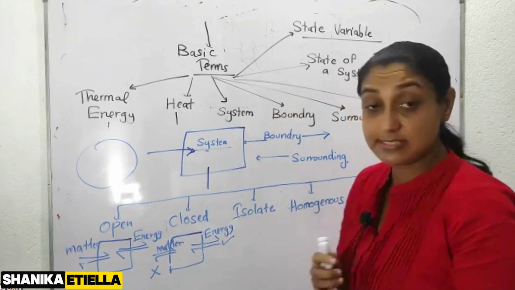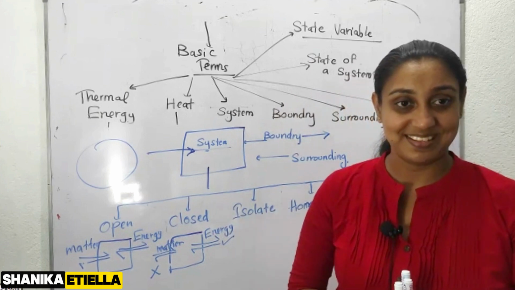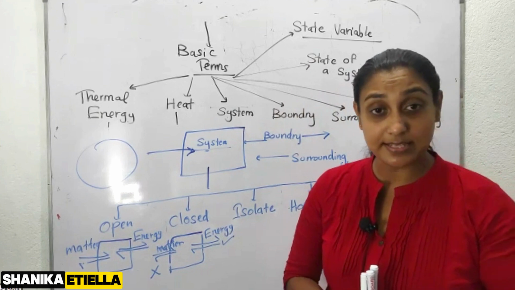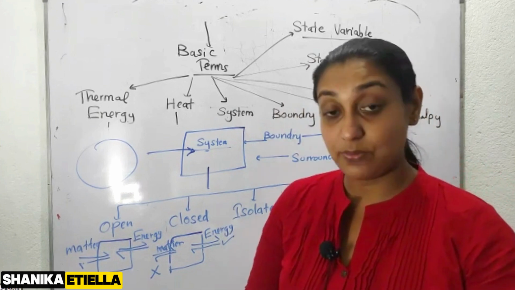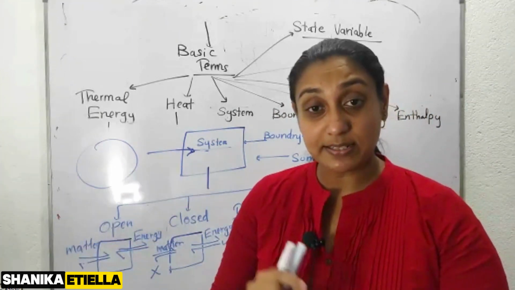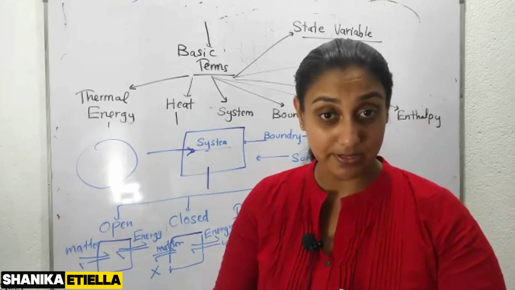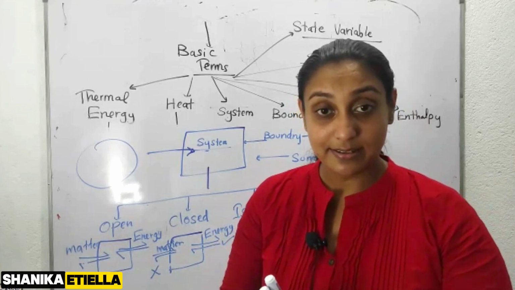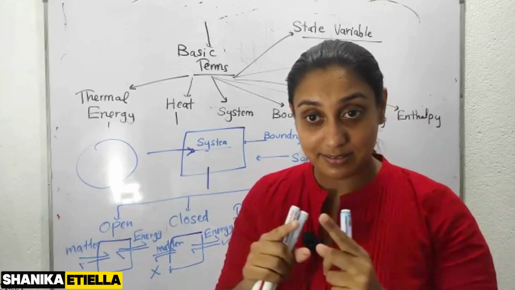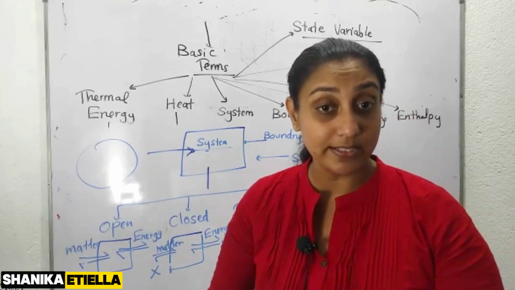Right? Then what is an isolated system? An isolated system is just like the flask in your home, a water flask. For a small time period, it can retain the temperature constant.